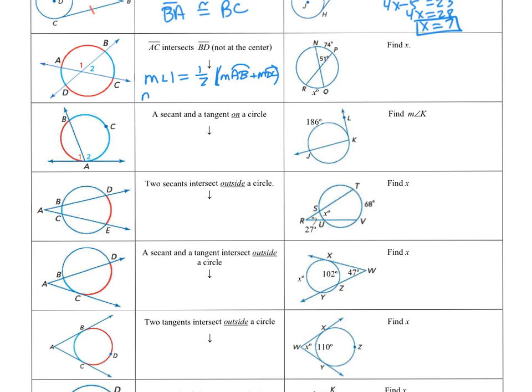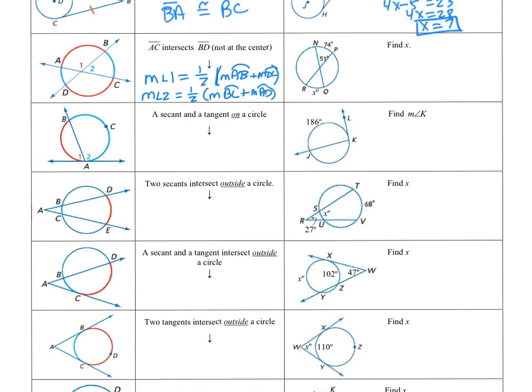So to find the measure of angle 2, we're going to take, again, 1/2 the sum of two arcs, and the two arcs would be the arc that angle 2 intercepts and the arc that its vertical angle intercepts. So that would be 1/2 the measure of arc BC plus the measure of arc AD.